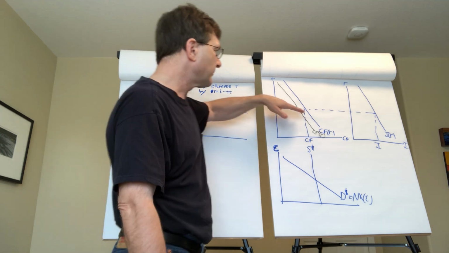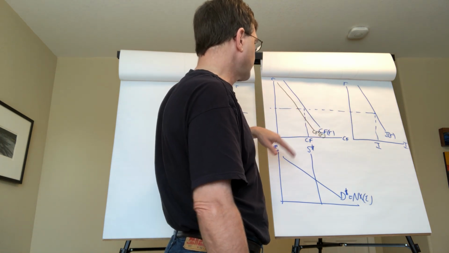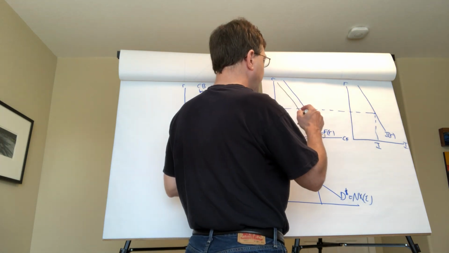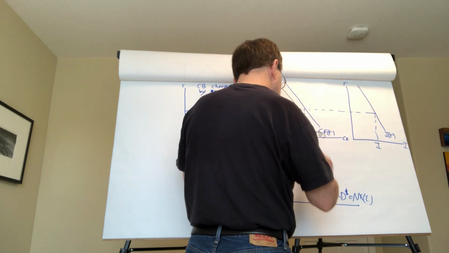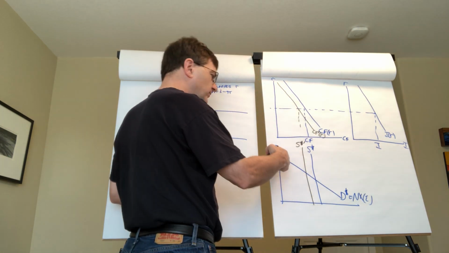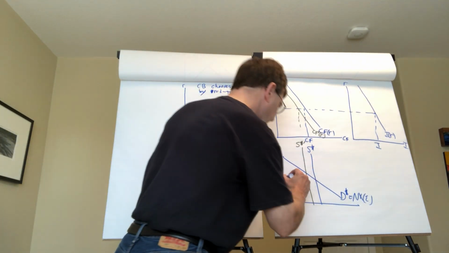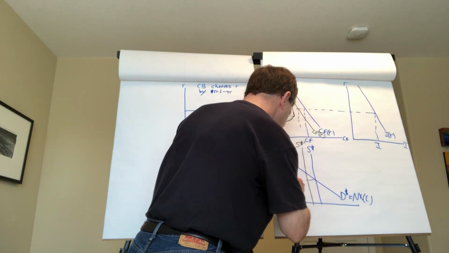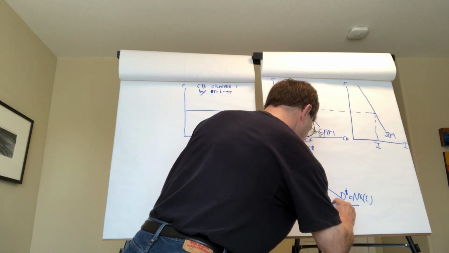So with the same real interest rate, no change in investment, capital flow goes down. With the capital flow down, the supply of dollars goes down, and that raises the real exchange rate. So, just to be a little bit careful, there's the old level of the real exchange rate and the old level of net exports.